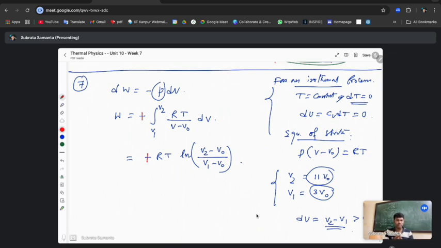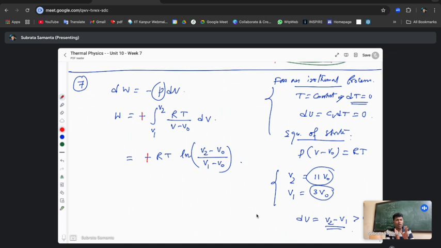This sign is crucial. The minus sign is written by convention: if the gas is compressed, that is work done on the gas, the pressure increases and the volume decreases.